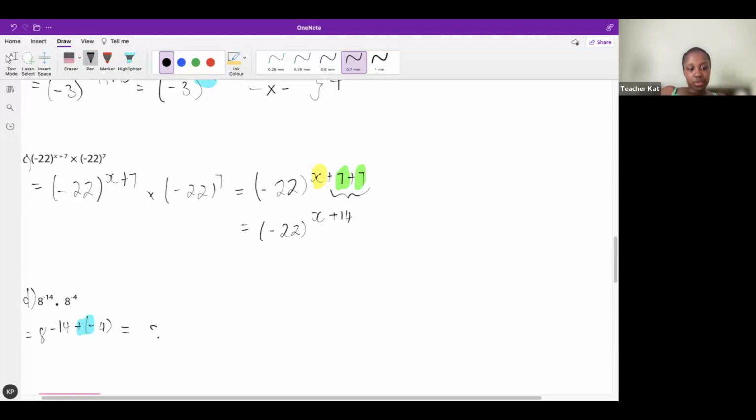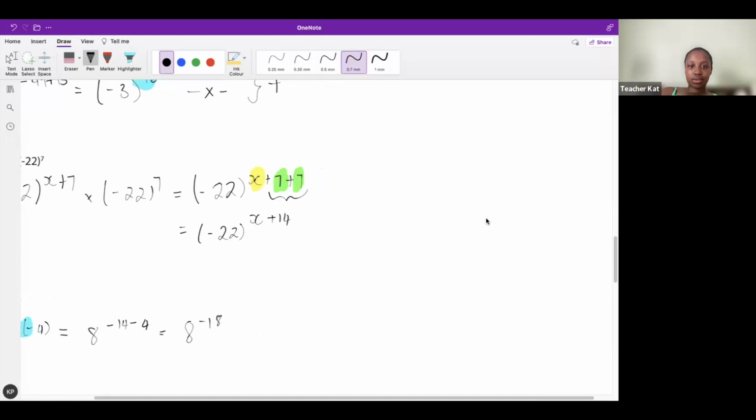Thank you. So it becomes 8 to the power of negative 14 minus 4. So then my final answer is 8 to the power of what? My final answer is 8 to the power of negative 18. Nice. We must go revise our integers. Okay.